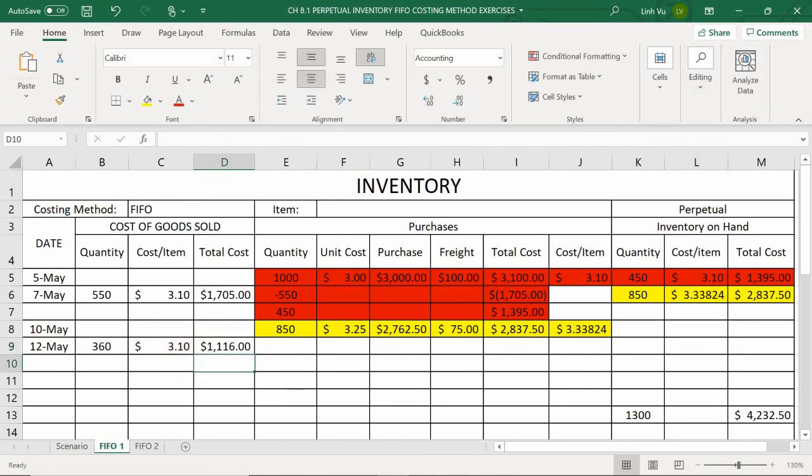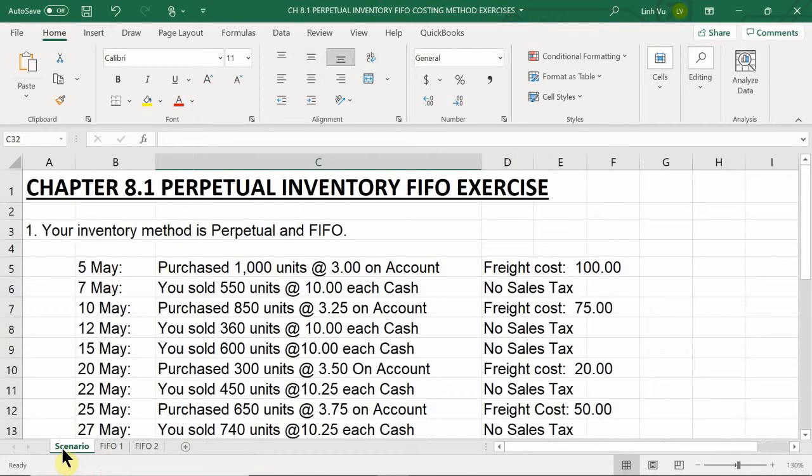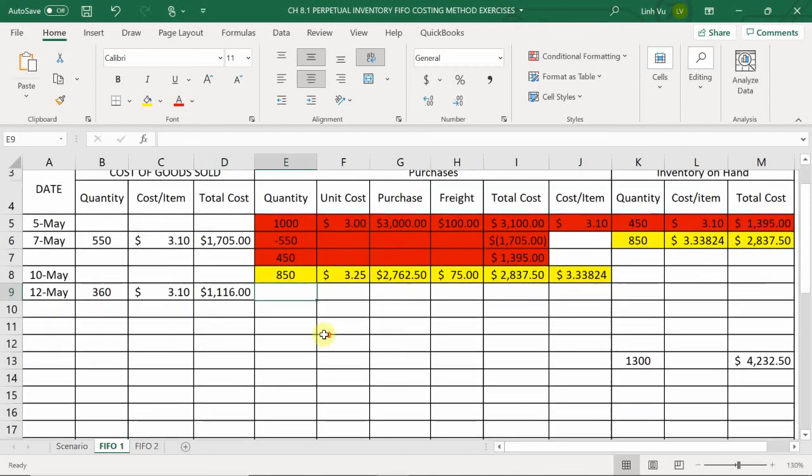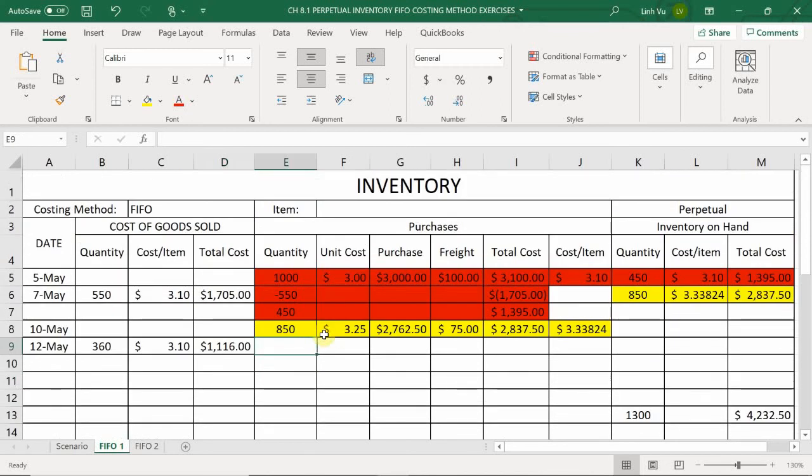Good, right? Let me double check that was 360, yeah. So $1,116.